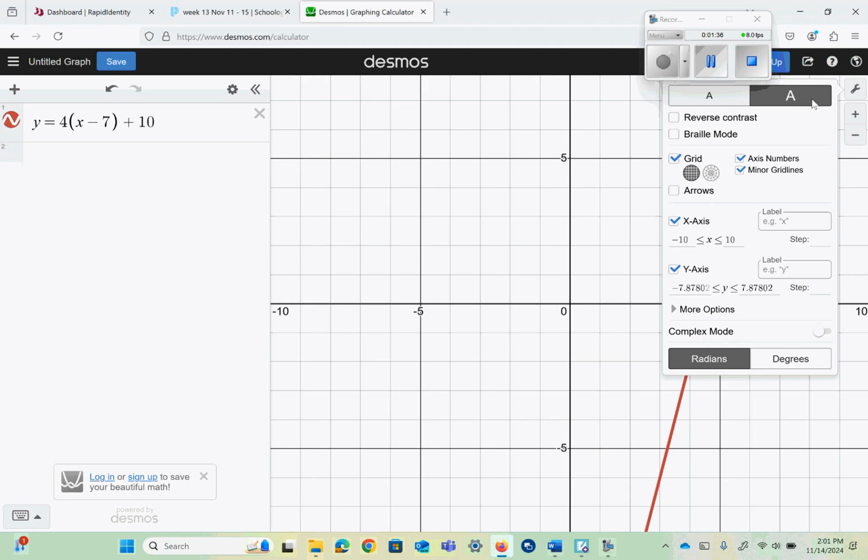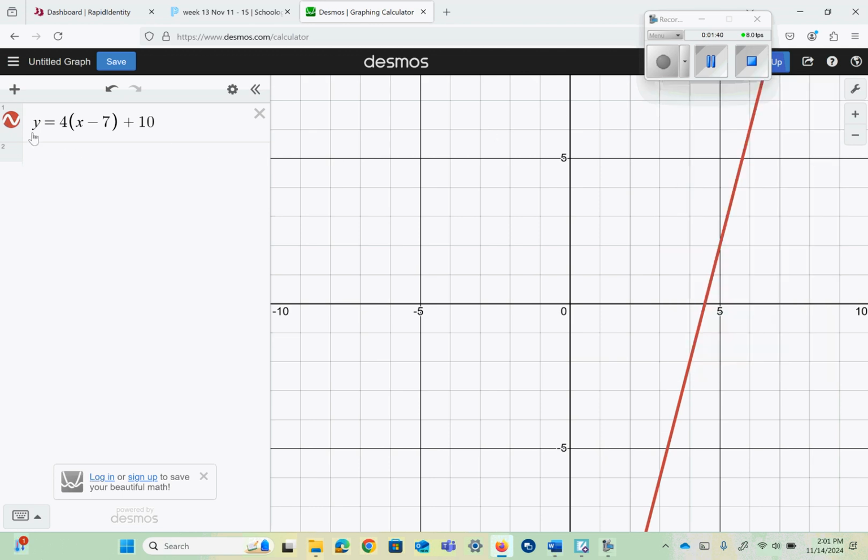I'll make it a little thicker so we can see it at a nicer rate. And actually, let's change the color on it a little bit. All right.